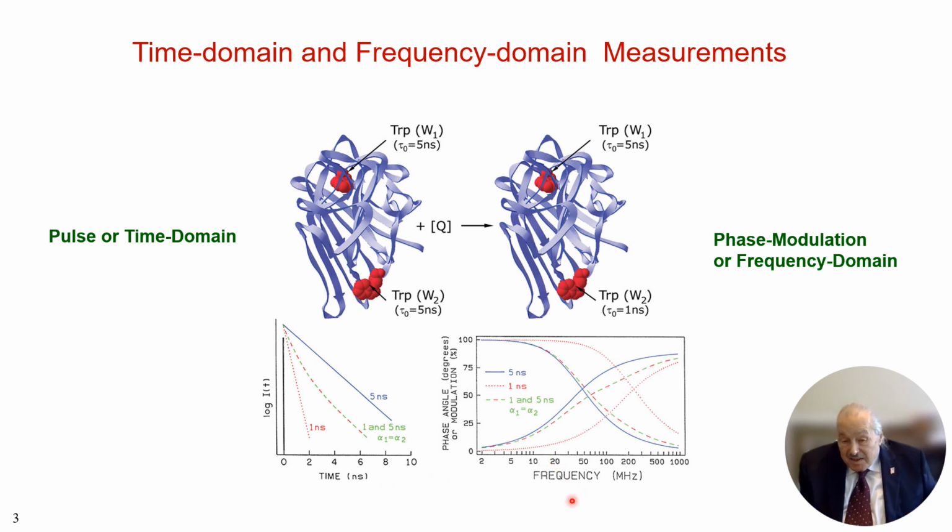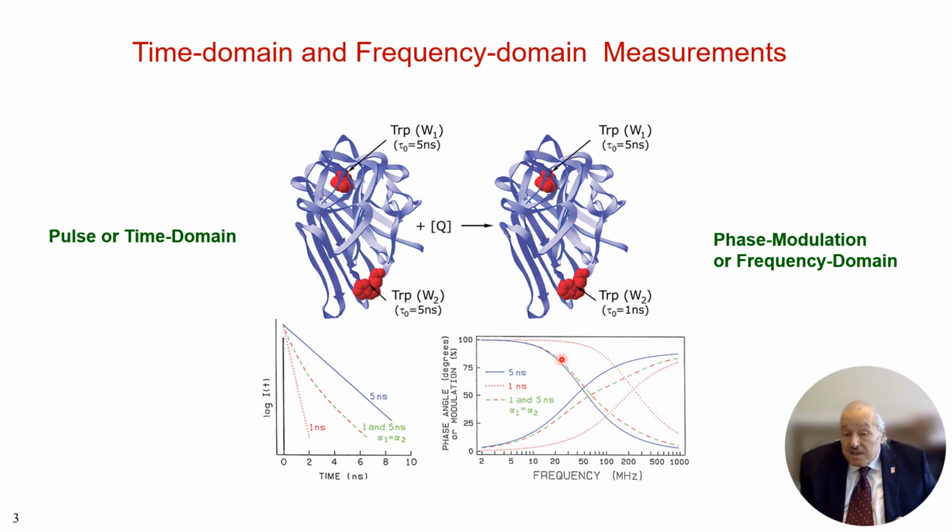Well, it looks completely different. What we have instead of time is the frequency, which is the frequency at which the light is modulated. And let's look at what the two decay times would look like. A single exponential 5 nanosecond decay time would have that characteristic shape, with the phase angle increasing with frequency and the modulation decreasing with frequency.